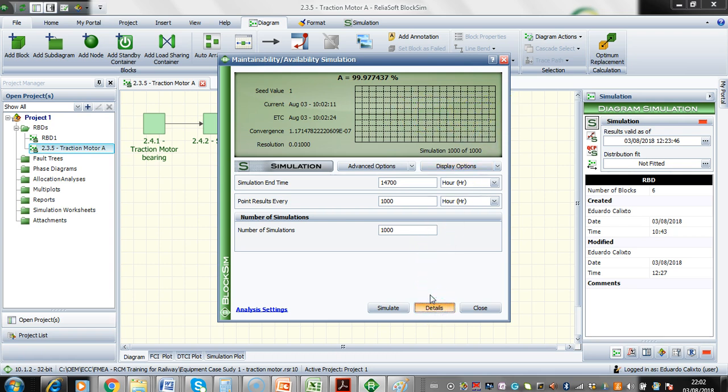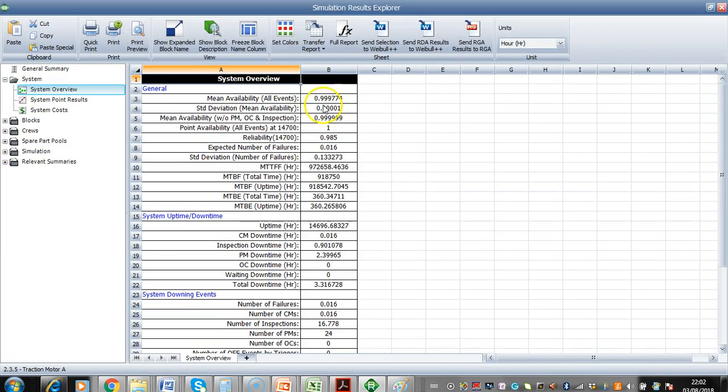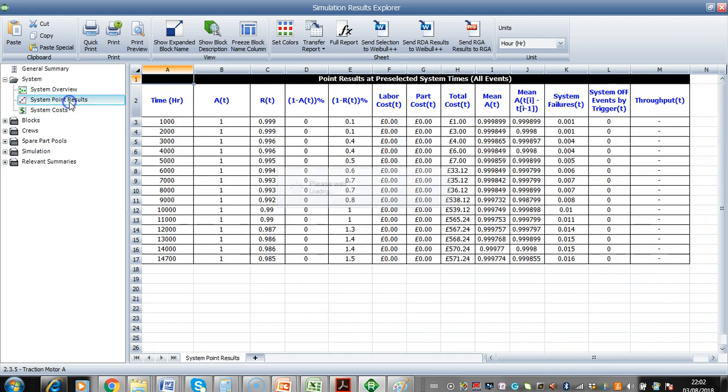Now we can check the details, and similarly we've got the operation availability without any intervention, reliability, expected number of failures, all the results that we've got. We also have the point results along the time in hours for these 14,700 hours.